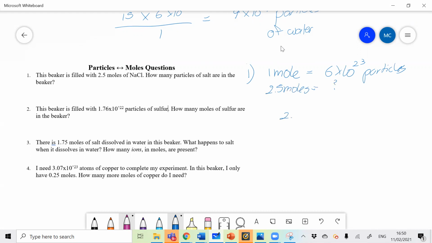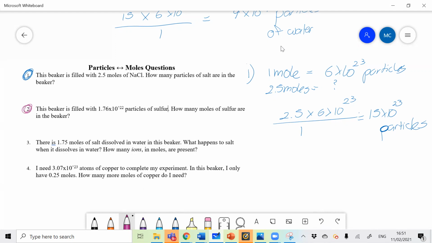So this would be 2.5 times 6 times 10 to the 23 over 1 equals 15 times 10 to the 23 particles. So that is question 1, and we're going to color code the answers.